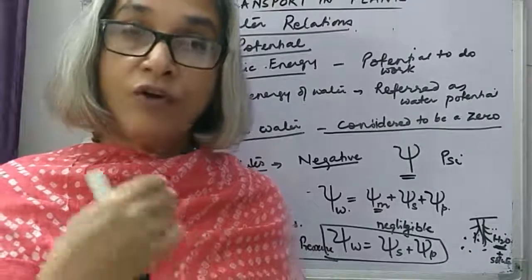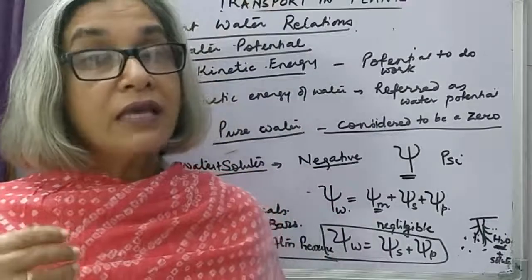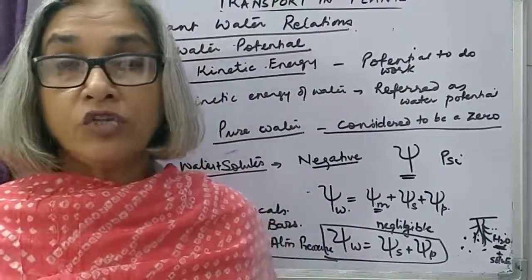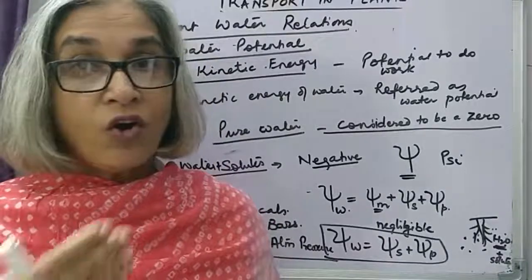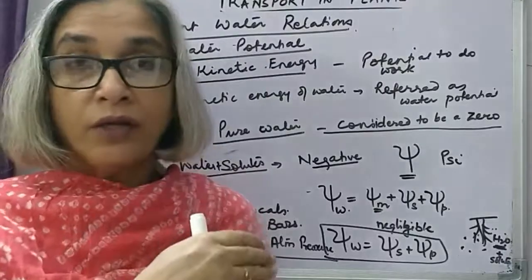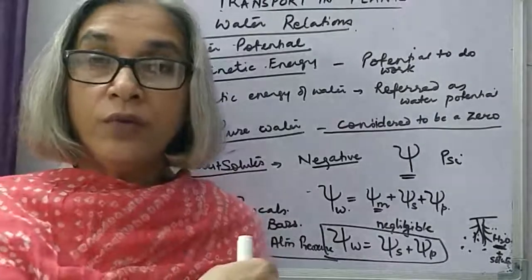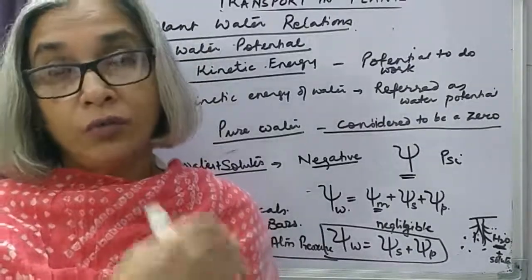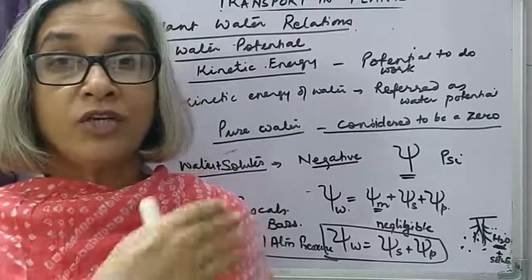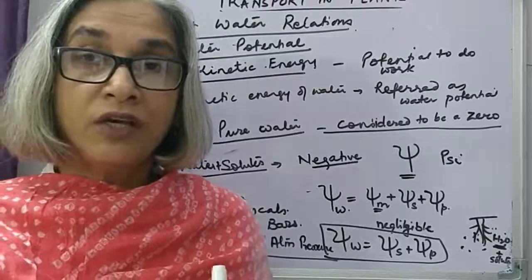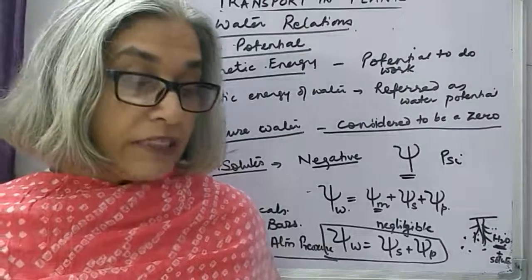In the cells of the root, the concentration of the cell sap is higher as compared to water with dissolved minerals outside the root. And when we say concentration of cell sap is higher, it means water is less inside the cells and water is more outside. So water from outside will move into the root through the cells, because water moves from where it is at a higher water potential to where it is at a lower water potential. So the direction of movement of water will be from outside to inside.